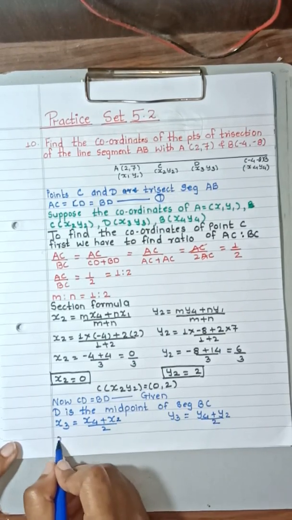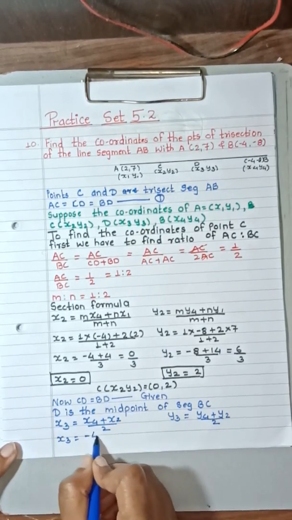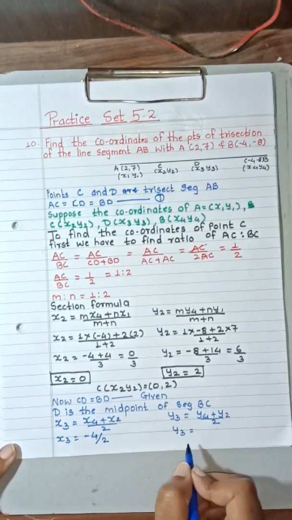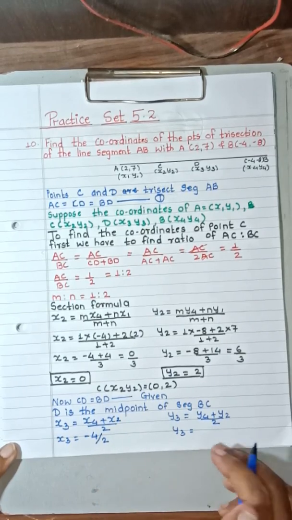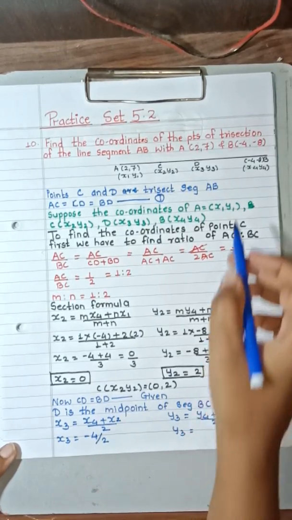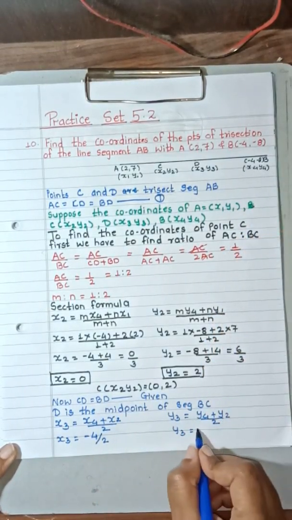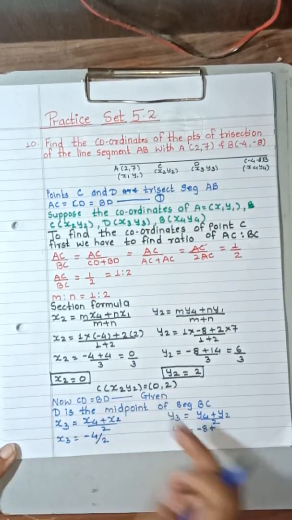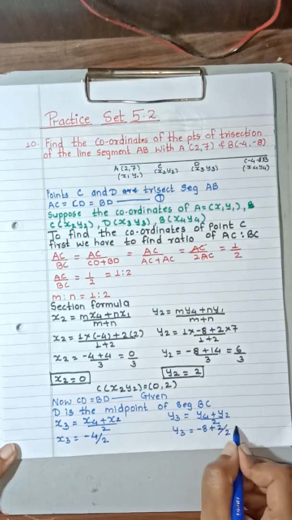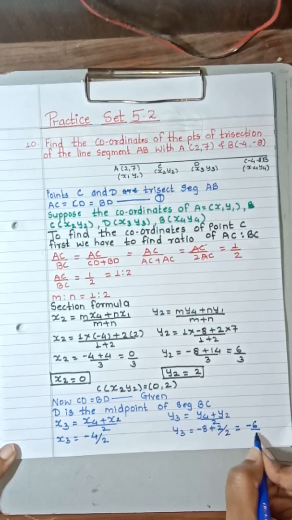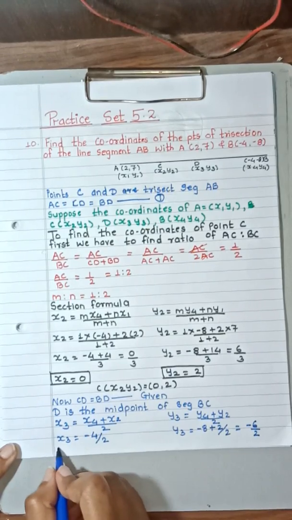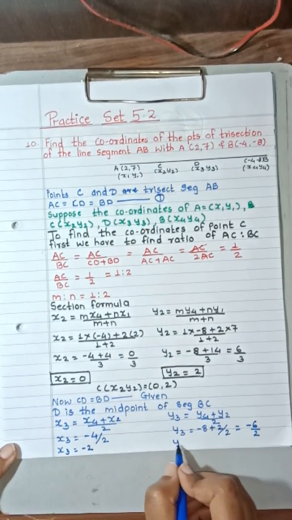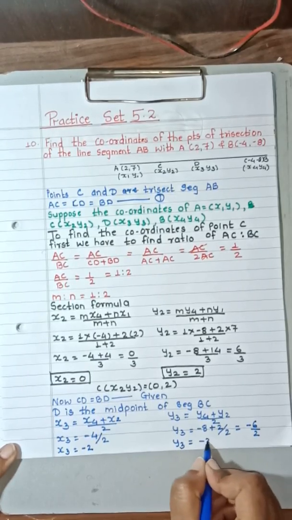Now x3 will be minus 4 upon 2, whereas y3 will be, now y4, what is y4? See here, y4 is minus 8 plus y2, you got the value of y2, that is 2, upon 2, that will be minus 6 upon 2. Therefore x3 will be equal to minus 2 and y3 will be equal to minus 3.